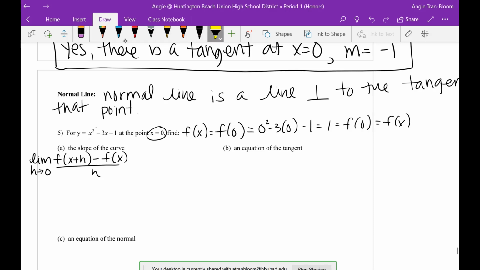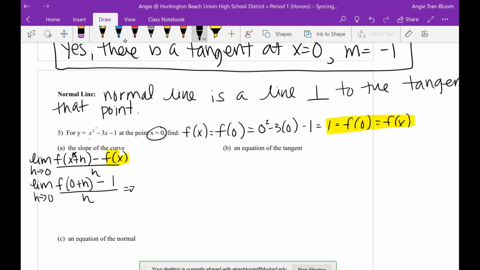And the reason I'm writing this out again is because these will always be the algebraic value. So limit as h approaches 0, okay, x is 0. So I guess I'll write this out this time. So minus f of x, which is f of 0, all over h, okay? 0 plus h is obviously just h, so h approaches 0.